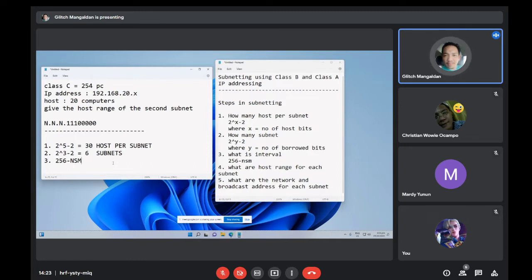Okay, ano ngayon ang new subnet mask natin? Titingnan niyo ulit 'to. Dito lang makikita niyo na yung new subnet mask. So remember ang n, okay? N is equivalent to 255. Another n, may n na naman tayo, tatlong n yan. So it means tatlong 255.